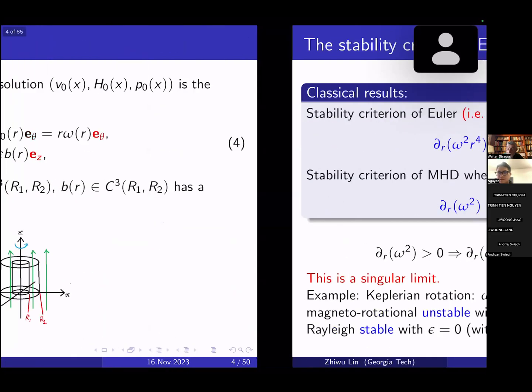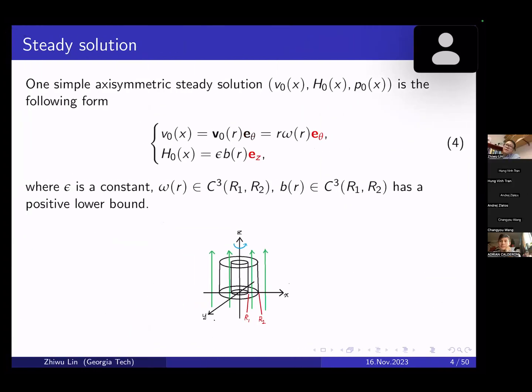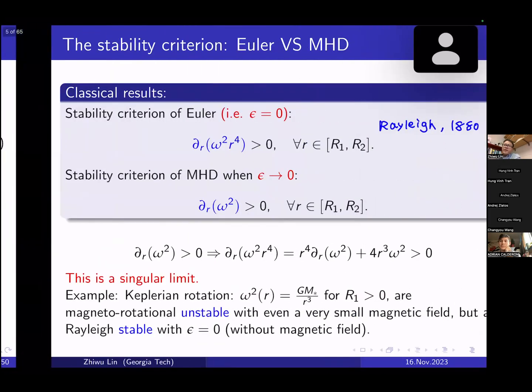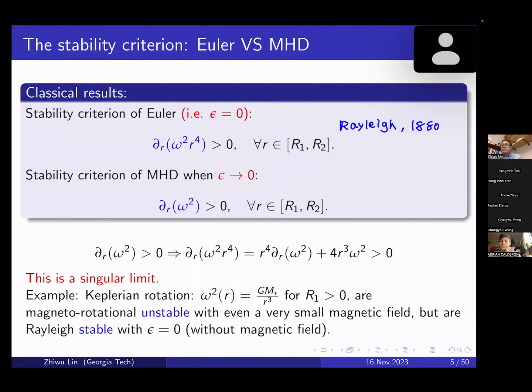But for the MHD problem, if you add even a small magnetic field, let's assume epsilon is very small, the stability picture changes quite a lot. We are going to see that even if you let epsilon tend to 0, in the limit, the stability criterion becomes that omega squared should be monotone increasing in r.